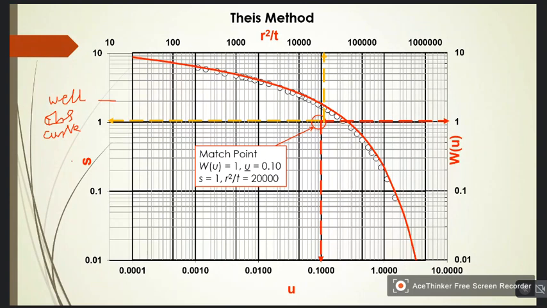This is drawn between S and R square by T. This is the same log graph. Now this one, the top one, is your type curve.